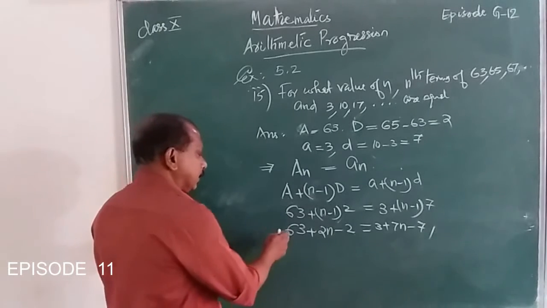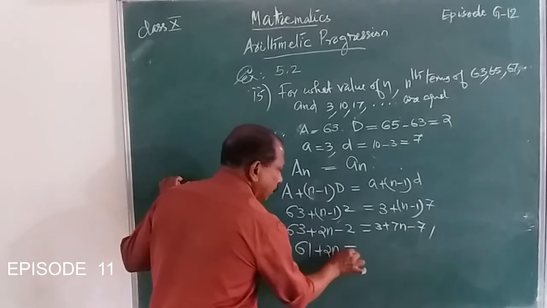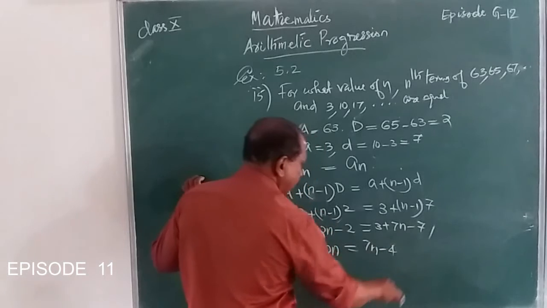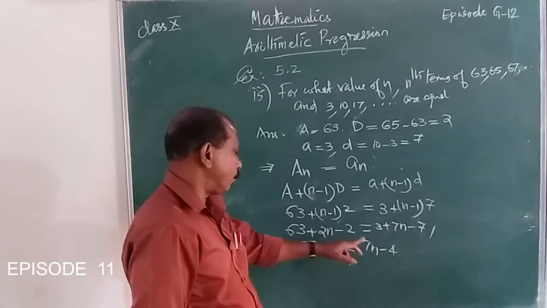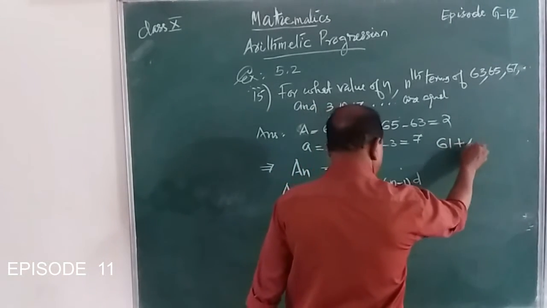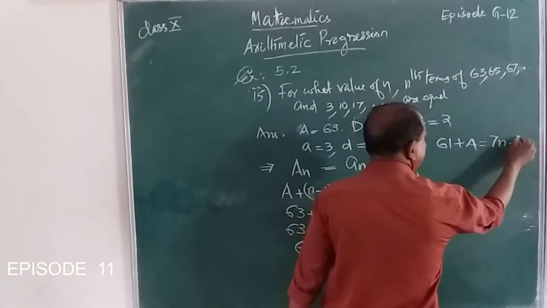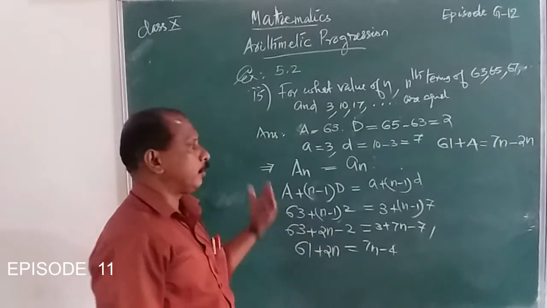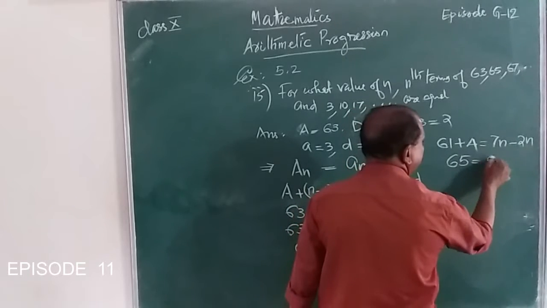That is 63 minus 2, 61, is equal to 7n minus 2n plus 3 minus 7, that is minus 4. Shifting 2n to the right and minus 4 to the left, 61 plus 4 is equal to 5n. So 65 is equal to 5n.